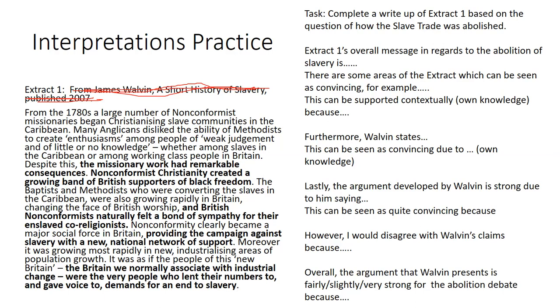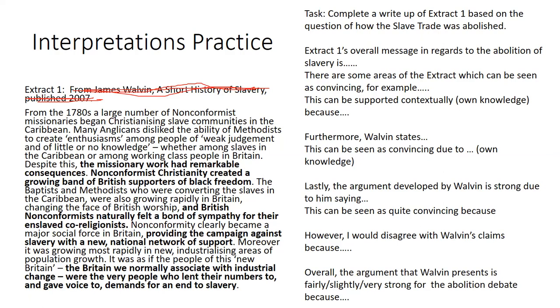Whether among slaves in the Caribbean or among working class people in Britain, despite this, the missionary work had remarkable consequences. Non-conformist Christians created a growing band of British supporters of black freedom. The Baptists and Methodists who were converting the slaves in the Caribbean were also growing rapidly in Britain, changing the face of British worship, and British non-conformists naturally felt a bond of sympathy for their enslaved co-religionists.